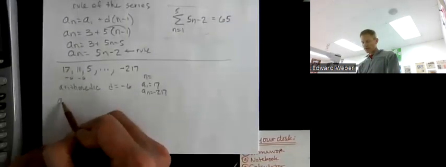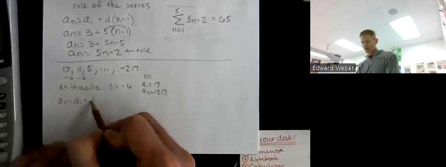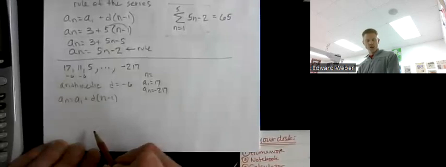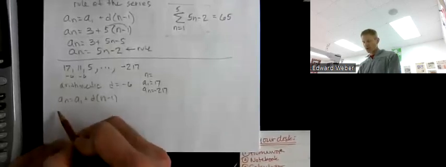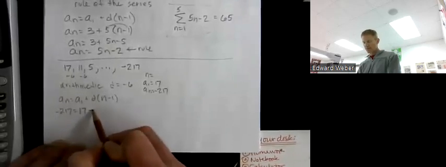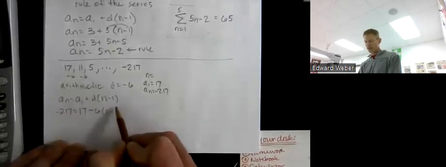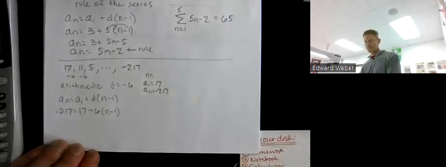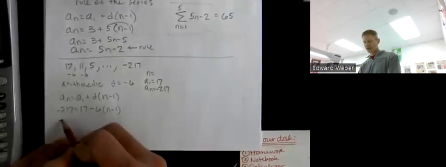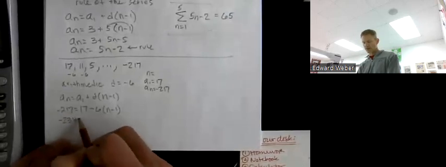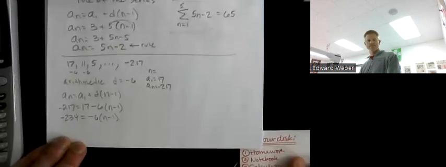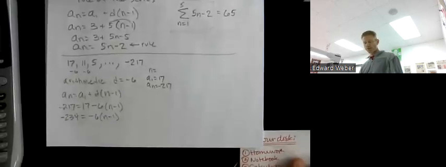So since this is arithmetic, we can use our formula. We need to know the number of terms. So this is negative 217 equals 17 minus 6 times n minus 1. We could minus 17 across to get negative 234.